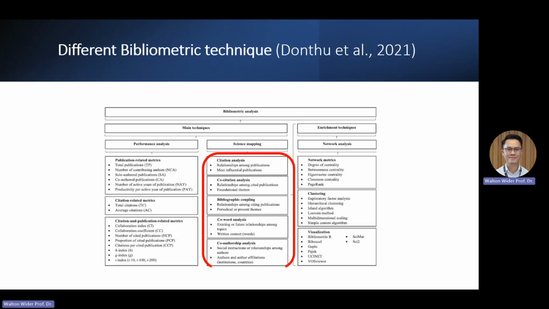So in science mapping, again, according to Donthu et al., there are 5 different techniques that you can use. So I will explain briefly each of the techniques under science mapping. All right. So we have citation analysis, co-citation analysis, bibliographic coupling, co-word analysis, and co-authorship analysis.